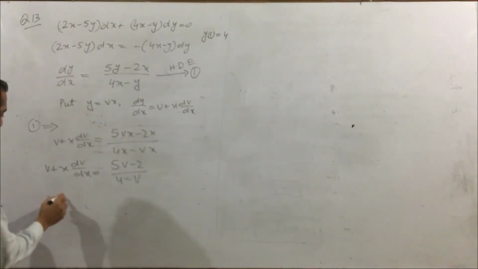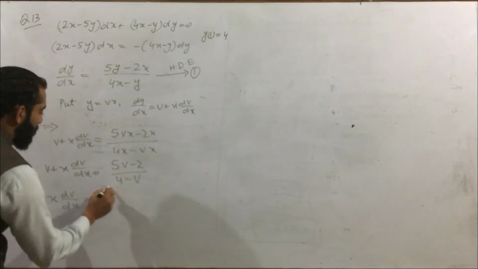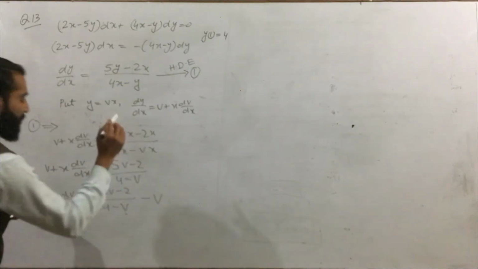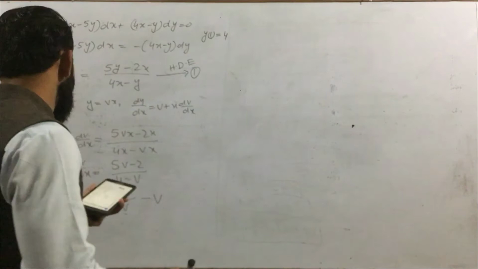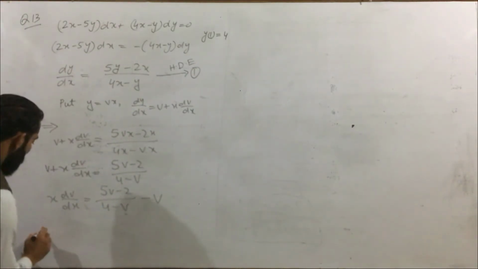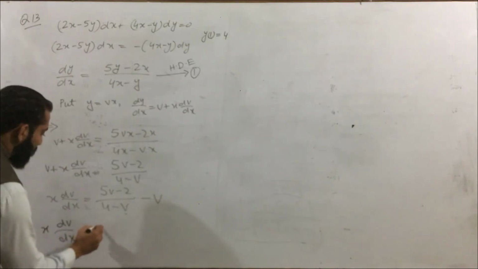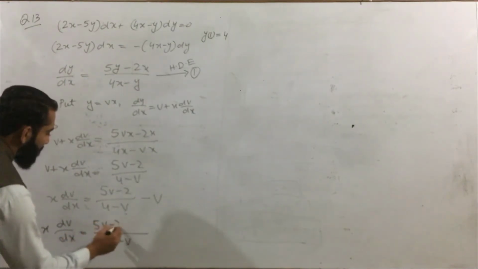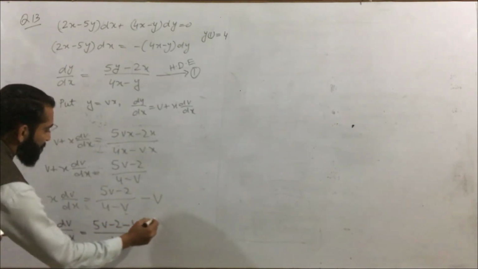Now x dv over dx, this v is moved to the other side of the equation: x dv over dx is equal to (5v minus 2) divided by (4 minus v) minus v. Taking LCM, 4 minus v is the LCM, 5v minus 2 remains the same, minus 4v plus v square.